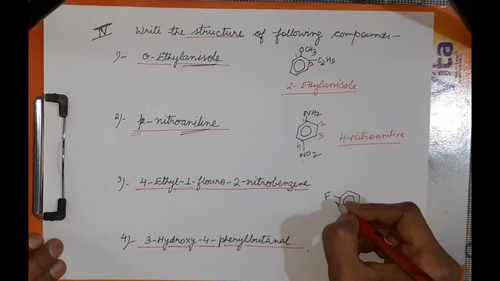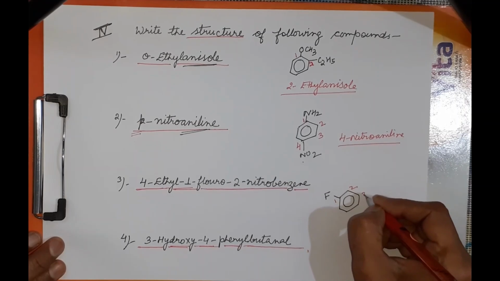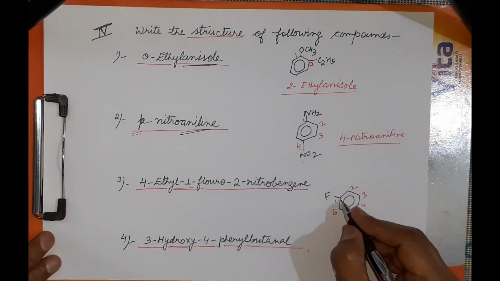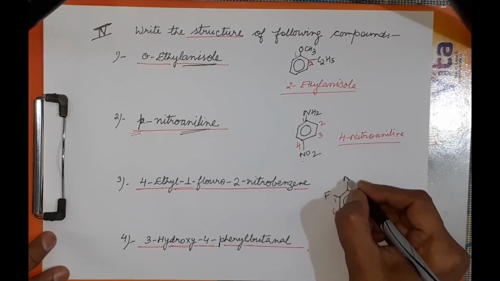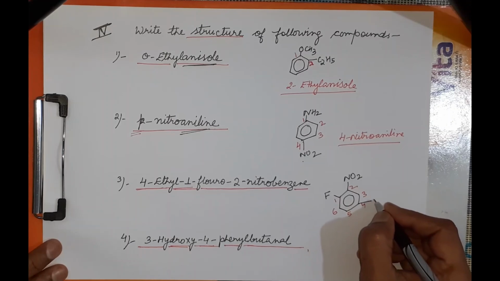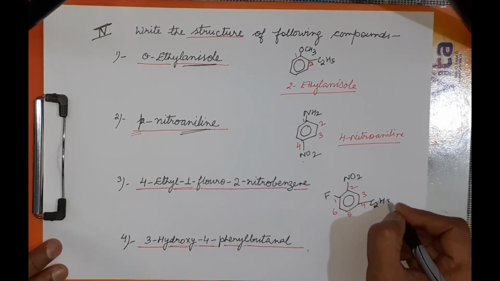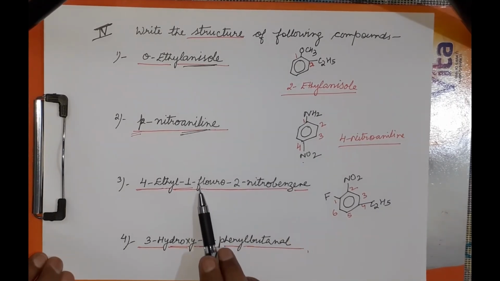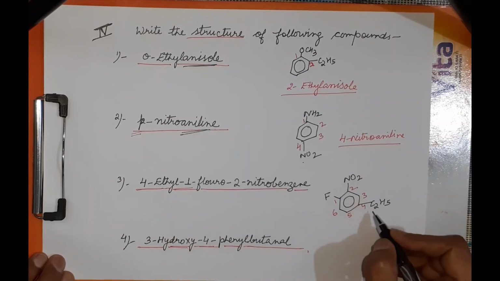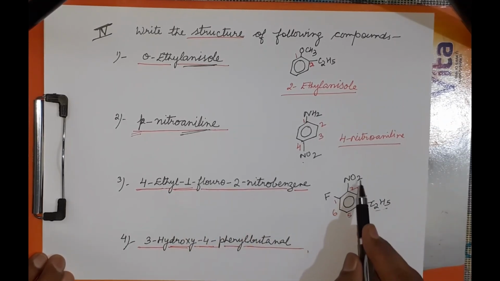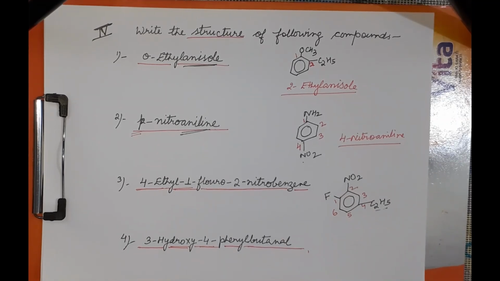Here we can write the numbering 1, 2, 3, 4, 5, 6. 1 fluoro, 2 nitro, 4 ethyl. Ethyl group is C2H5. So 4 ethyl, at the 4 position this ethyl group, 1 fluoro, 2 nitrobenzene. So this will be the structure.